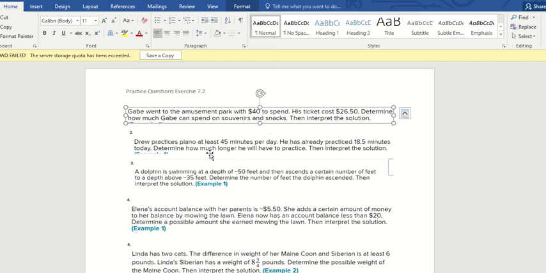It's his choice how much he can play, but the minimum he is playing is 45 minutes. So at least means greater than or equal to 45 minutes. This is the smallest number of minutes he is practicing. It can be more than 45.